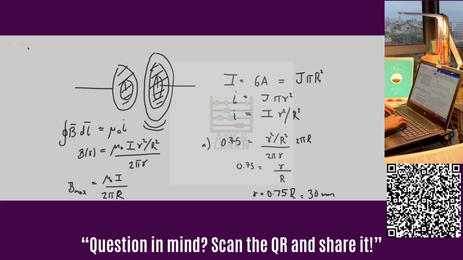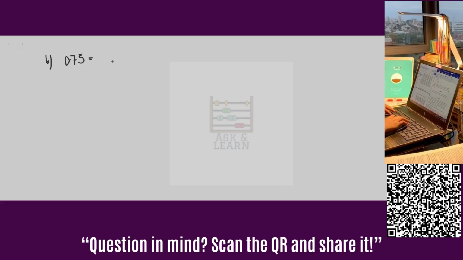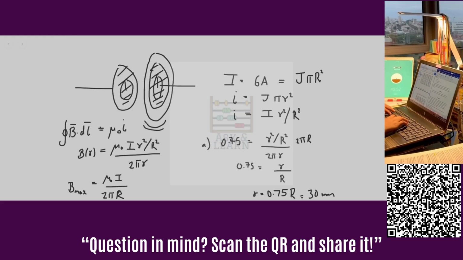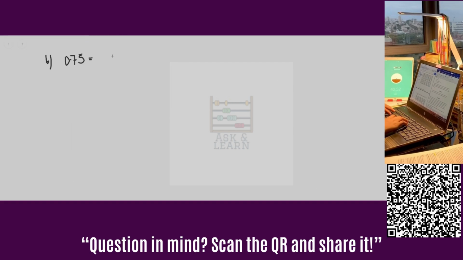This is equal to, it gets cancelled out, and we have simply a value of capital R over small r.